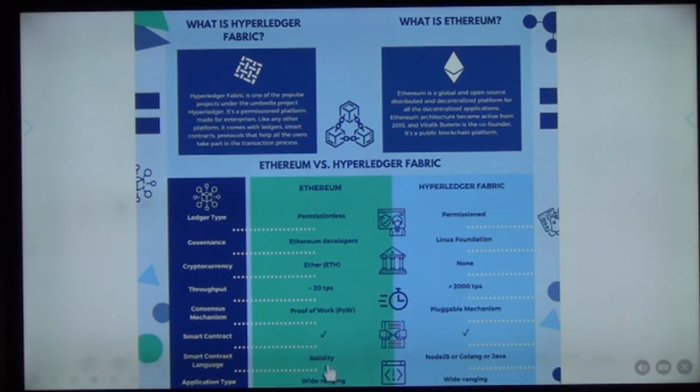And the language: you have to code your contract in Solidity, so you need to learn Solidity. Applications could be any, because it's a public blockchain and the code gives you the provision of coding almost anything. Any kind of contract you can code.